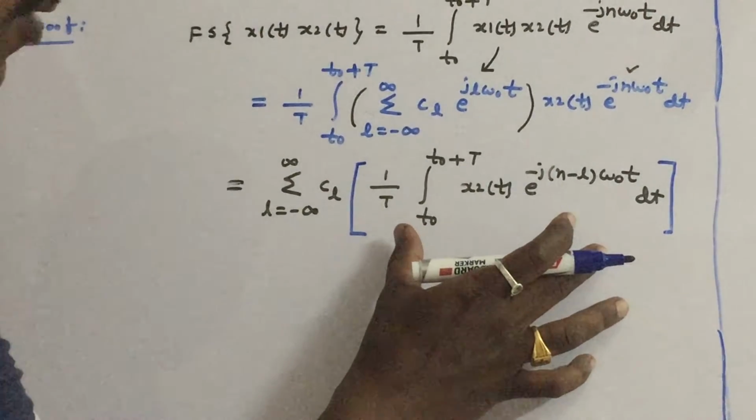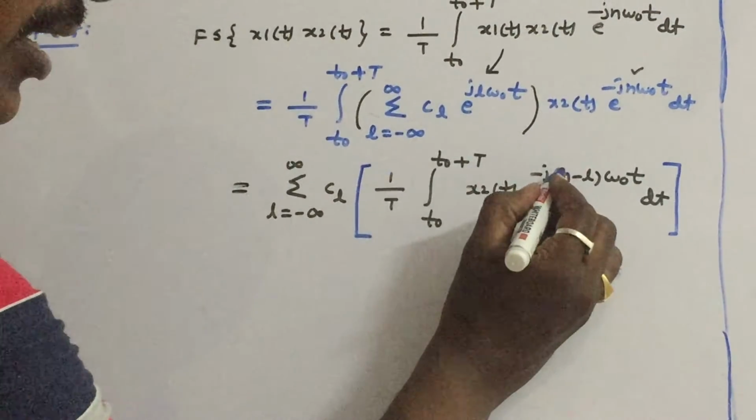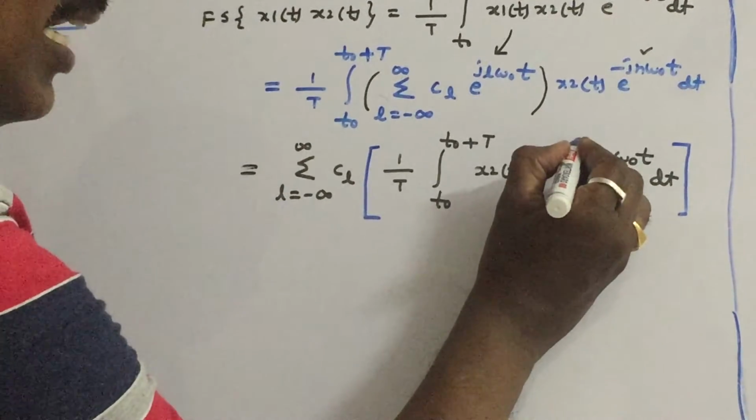So this is the exponential Fourier series coefficient of x2 of t. Here if n is there, we write it as Dn, but here n minus L is there.